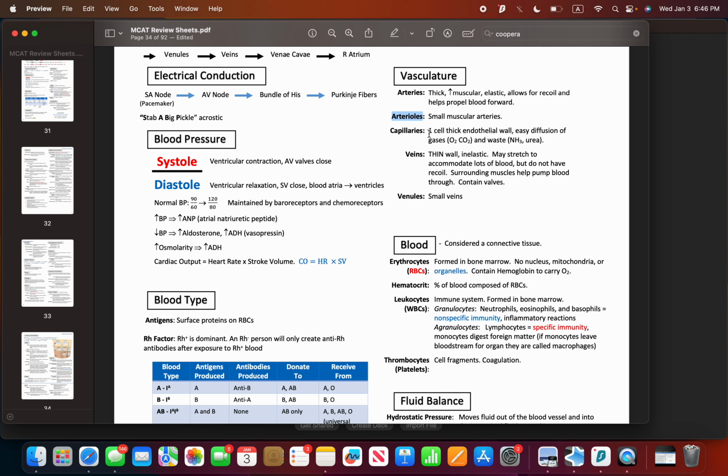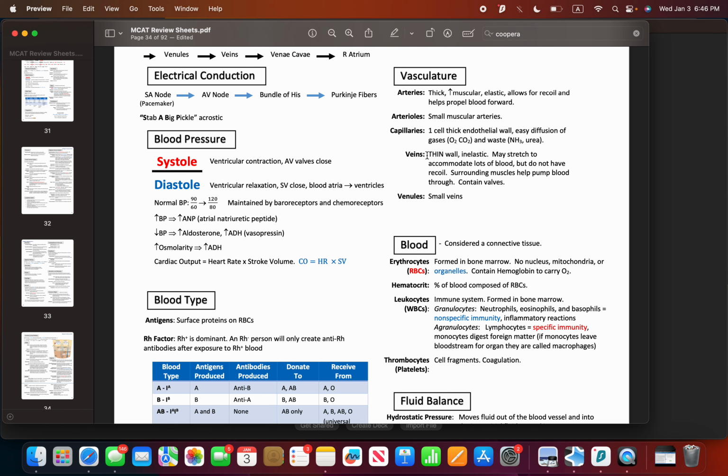And then we have capillaries that have a one-cell-thick endothelial wall, and the diffusion of gases, oxygen and carbon dioxide, is easy, and waste can also transfer here between the capillaries. So the diffusion is easy for NH3, ammonia, and urea, and the same for oxygen and carbon dioxide.